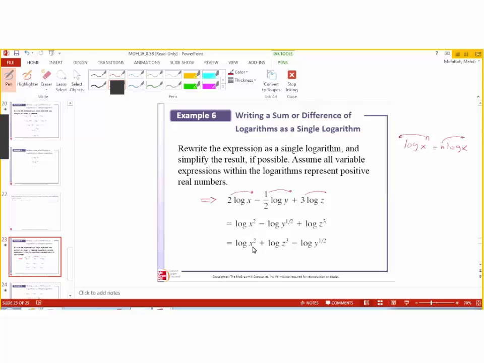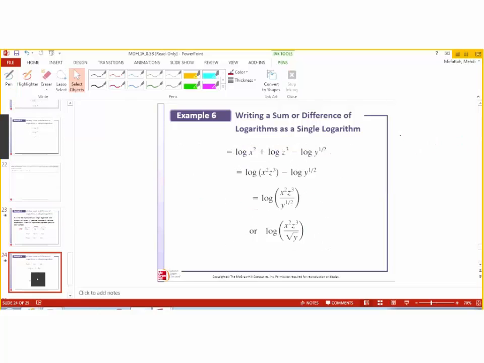So once we do that, we get one step closer to putting this together. Now these two, you can combine them by using the property we learned, log of x plus log of y. That would be the same as log of xy, with the base being the same. In this case, the base is 10, so we can take this one and combine them into one logarithm.